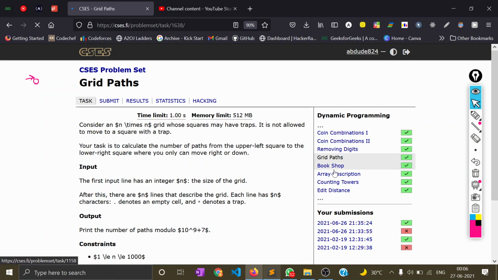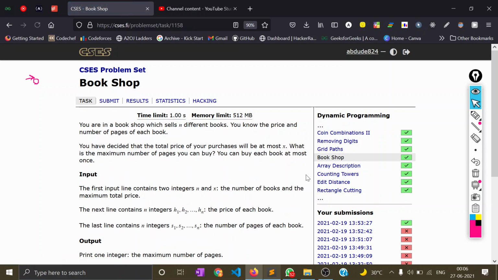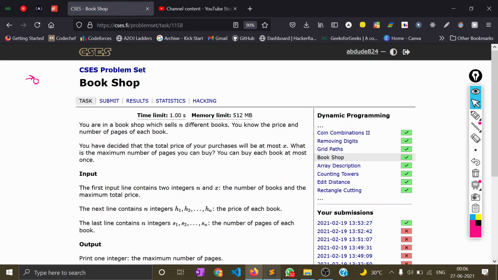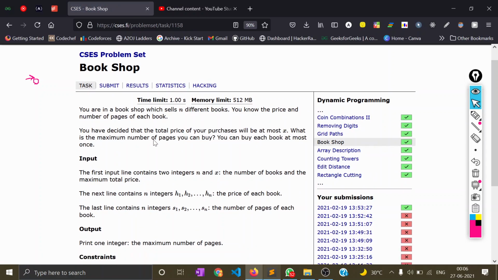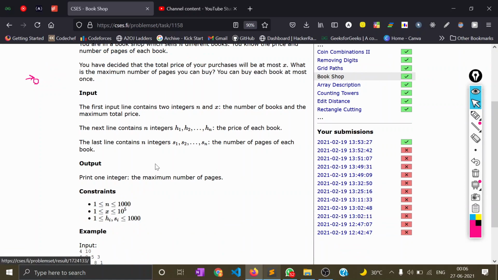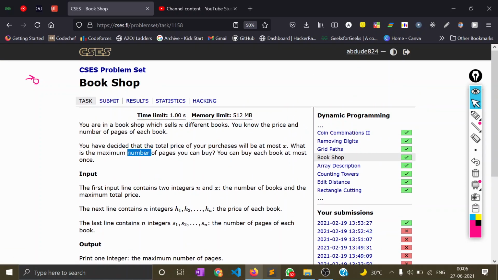The question was pretty easy. Now let's see a spoiler of the next question. Given the price and the number of fields, decide the total price of your purchase, that is, what is the maximum number of TVs you can buy.